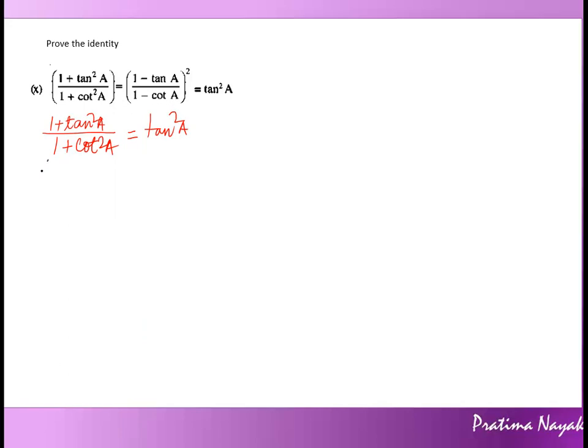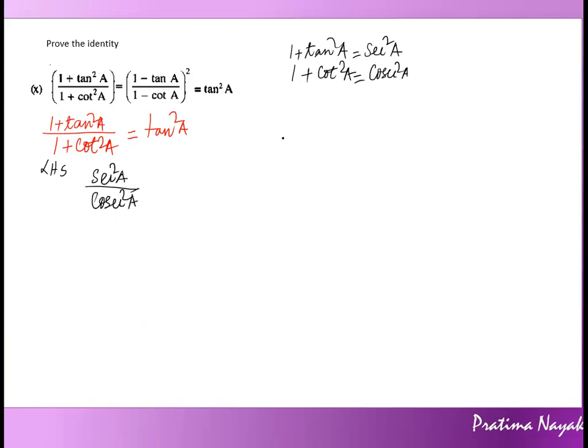No problem. Write down the LHS: 1 plus tan square A. You know the formula: 1 plus tan square A is sec square A, and 1 plus cot square A is cosec square A. So I'll write sec square A upon cosec square A. Now what is sec square A?